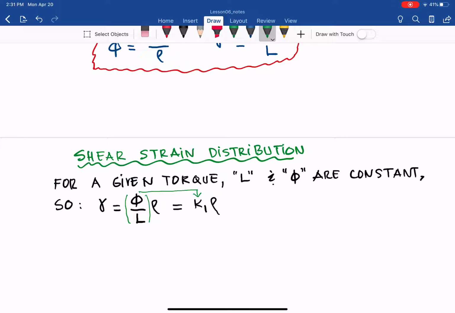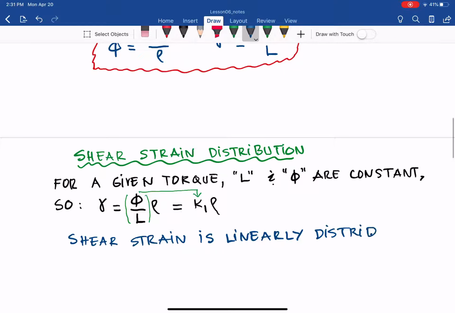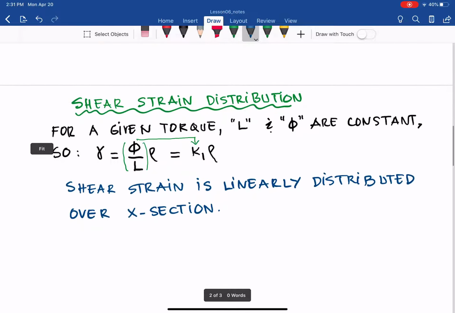From that we can say the shear strain is linearly distributed over the cross section, because it is only a function of ρ and it is linearly distributed.